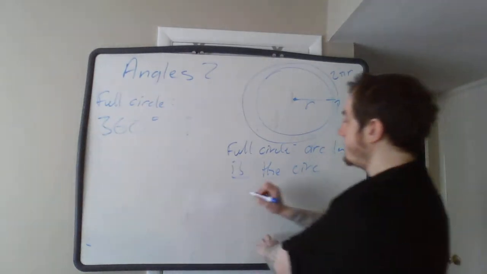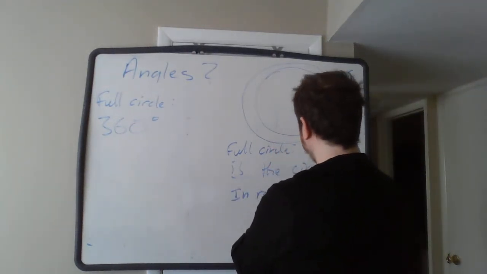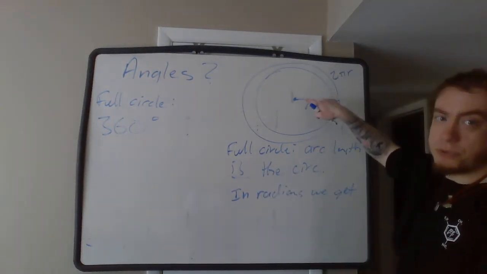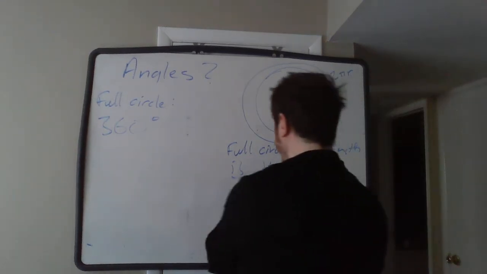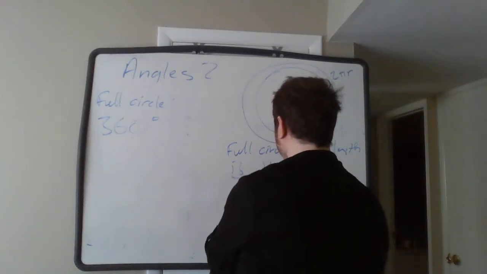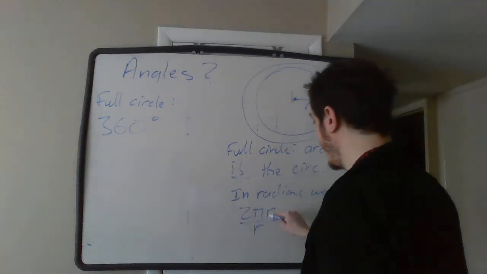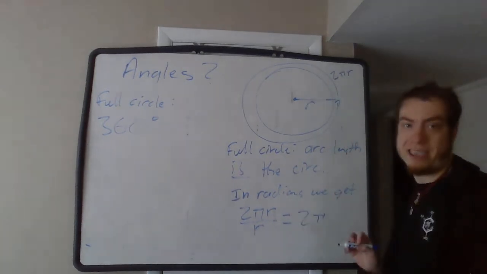And that means that in radians, I take that arc length, 2 pi r, and I divide it by the radius. So I'm going to get 2 pi times r divided by r. Well, what is that? The r's are going to cancel, and we get 2 pi.